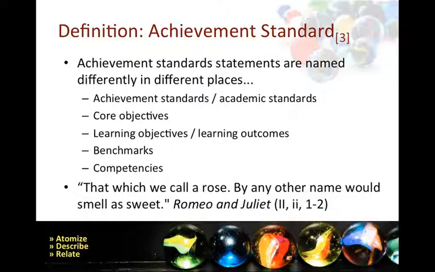You'll find them called competencies in new work out of the Bill and Melinda Gates Foundation. Just many, many, many different names. They all mean, functionally for us, in terms of the Achievement Standards Network, the same thing. They are authoritative statements, in essence, of what students should know or be able to do.